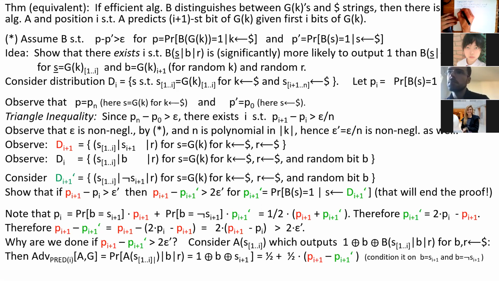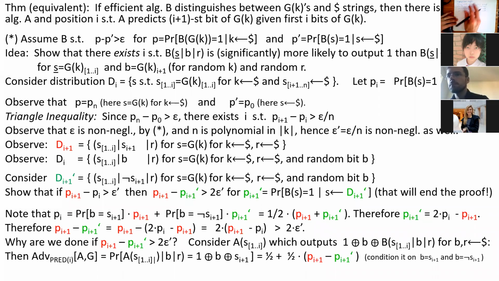And pi plus 1 was the probability that B, given i plus 1 correct bits and random, outputs 1. And pi plus 1 prime was the probability that B on first i bits correct, then the i plus first bit flipped, and then random, outputs 1.